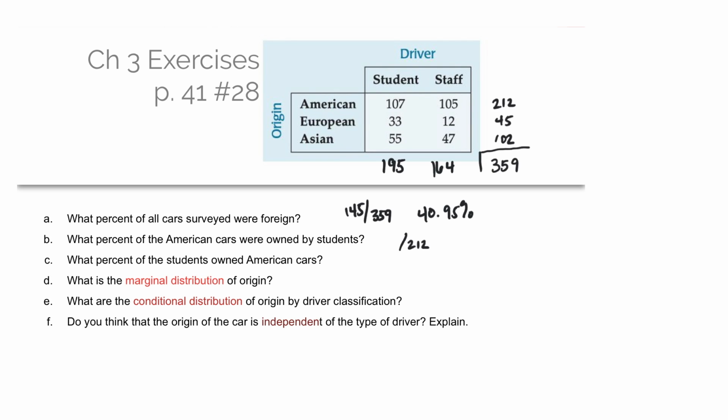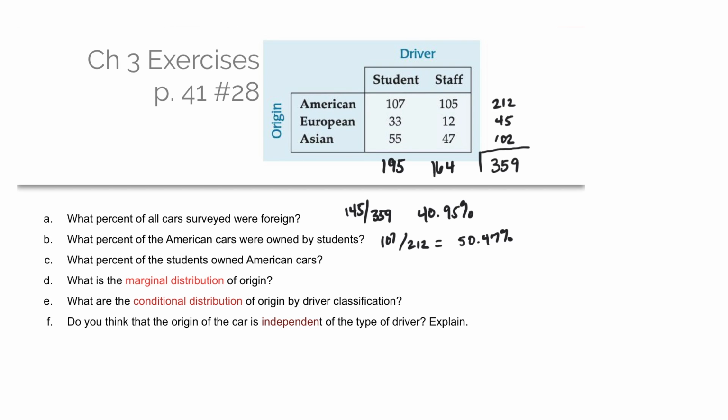And this one, they wanted to specifically look at the ones that were owned by students. Out of the American cars, 107 of those were owned by students. So it's 107 out of 212, and that's going to get us a little more than 50%, 50.47%. Go to 2 decimal places when you're writing the percentage, or 4 decimal places if you're writing the proportion, the decimal value.